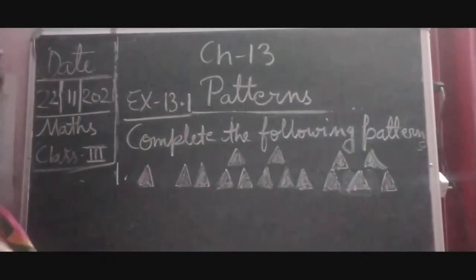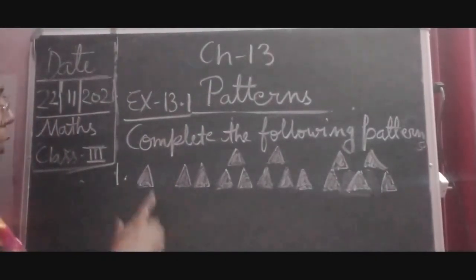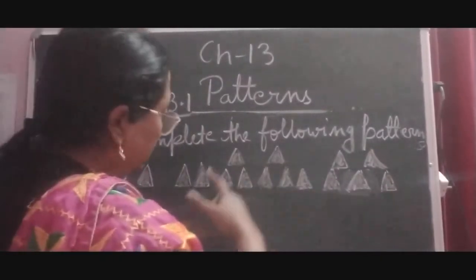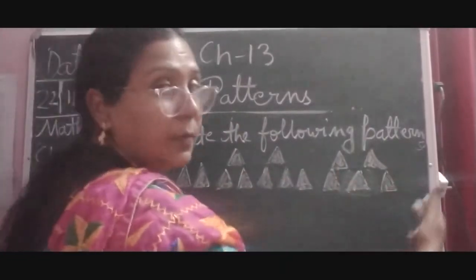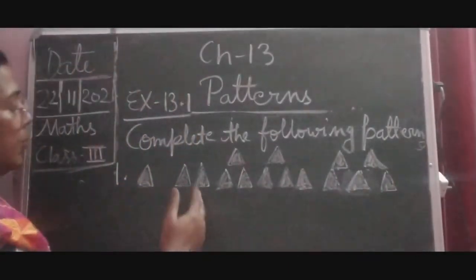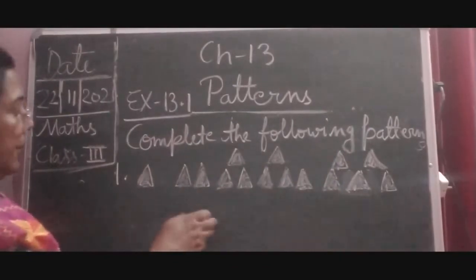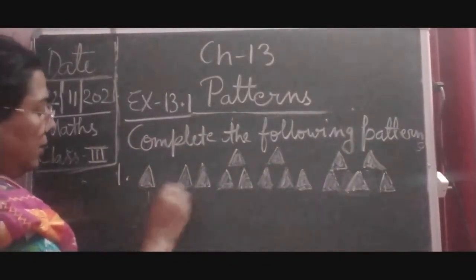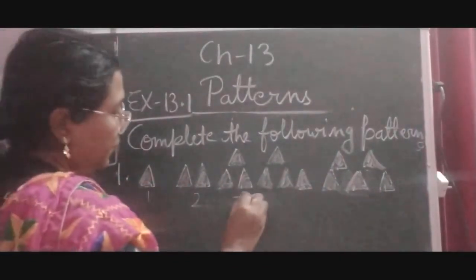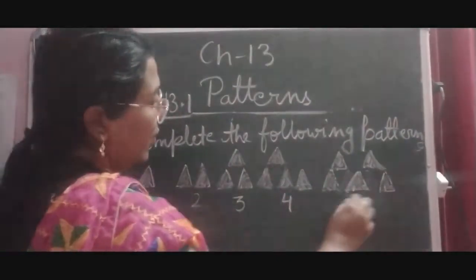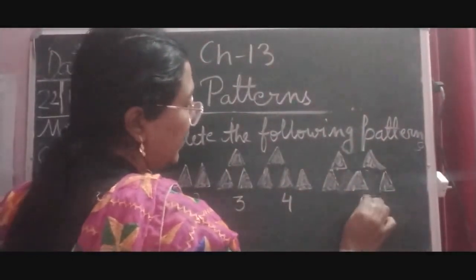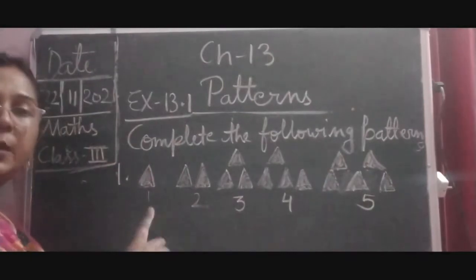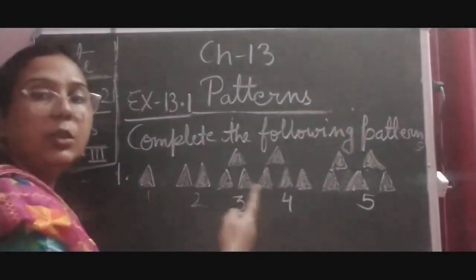Okay. So children, here one triangle is being added. One triangle keeps increasing. There was 1 triangle here, here 2, here 3, here 4, and here you will see 5. It means one triangle keeps getting added on.